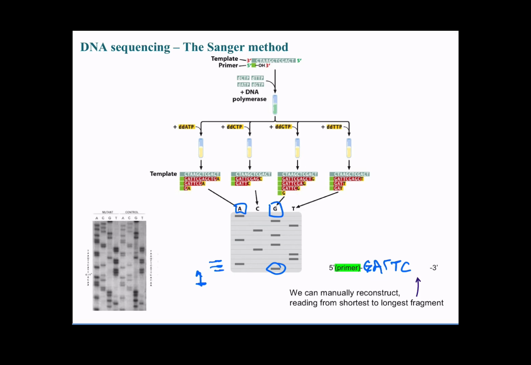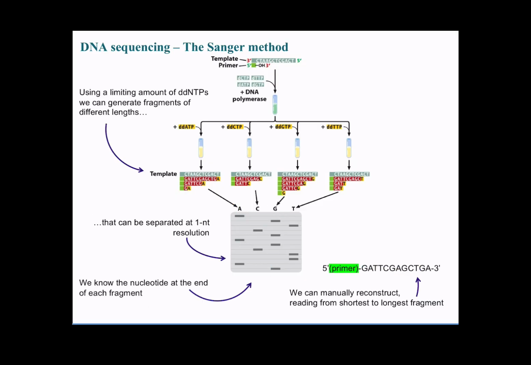A little crazy, but this is in the old days, right? I've never run one of these gels myself, not that old, but I've seen the X-rays, and they're fun. They're like huge X-rays, and people would go with a ruler from the top up, reading letter by letter.